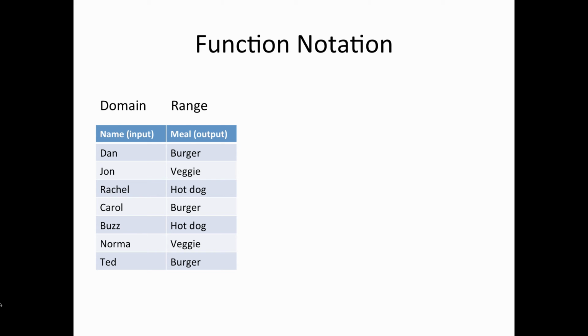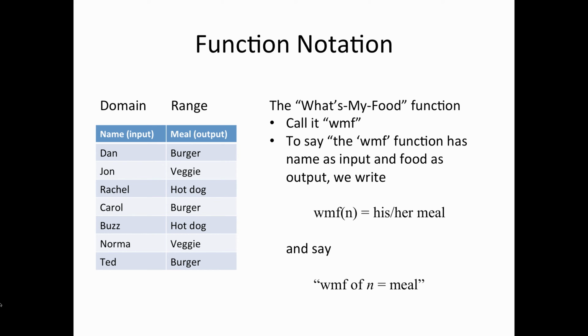Now, we can say that we are going to define the what's my food function, and we're going to call it WMF for what's my food. And to say the WMF function has name as input and food as output, we write the following. WMF of n equals his or her meal.